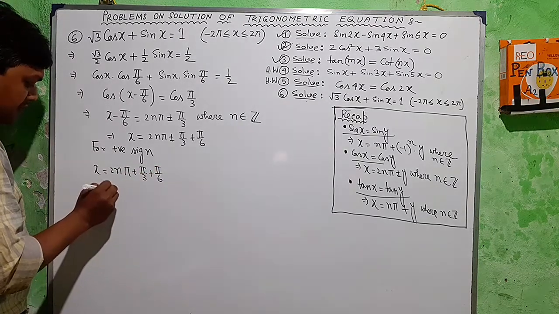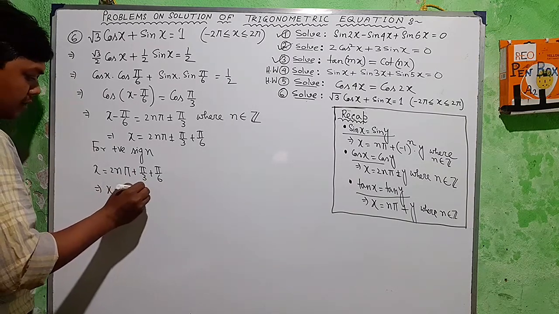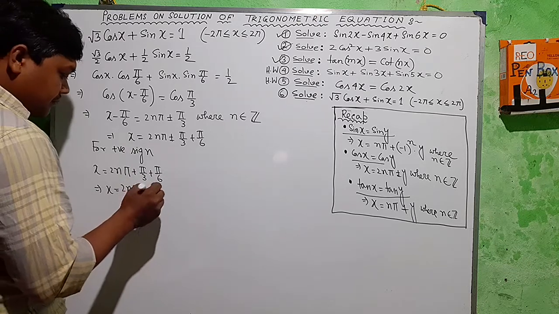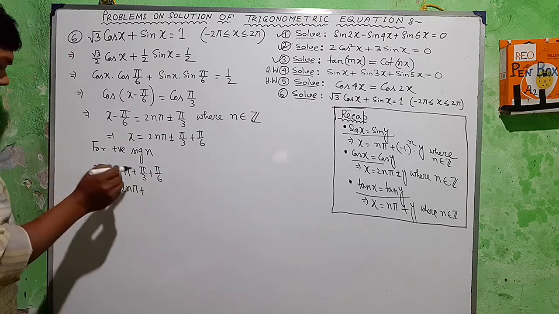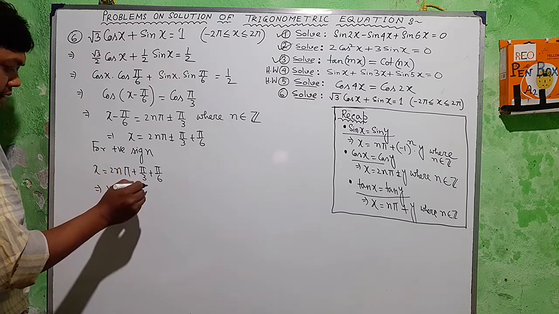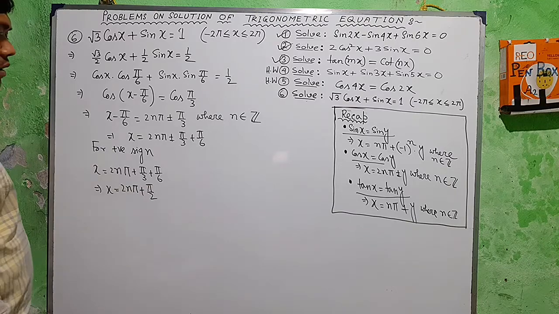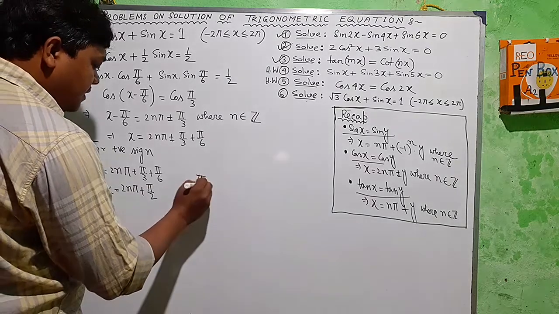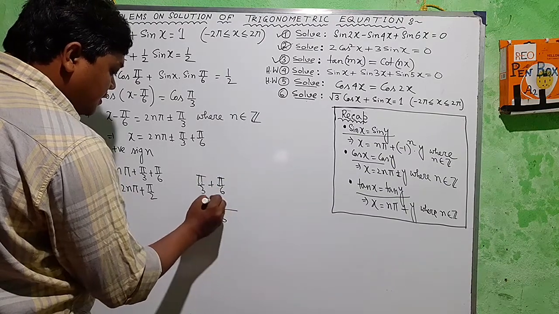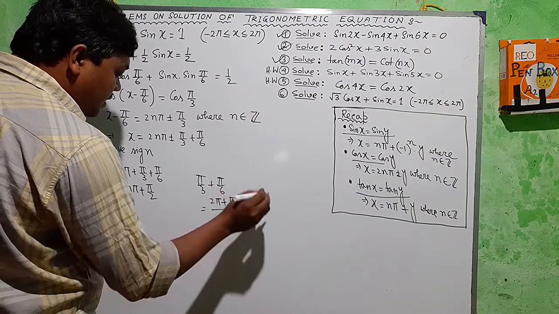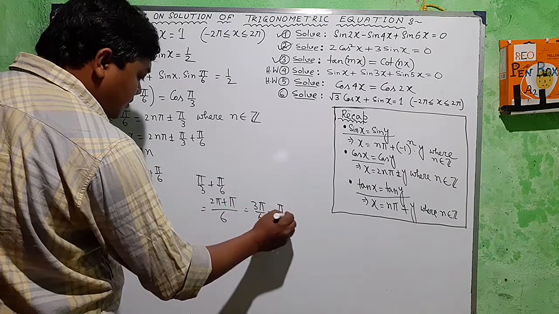After some simplification, pi by 3 plus pi by 6, after adding, is 3 pi by 6, that is pi by 2.